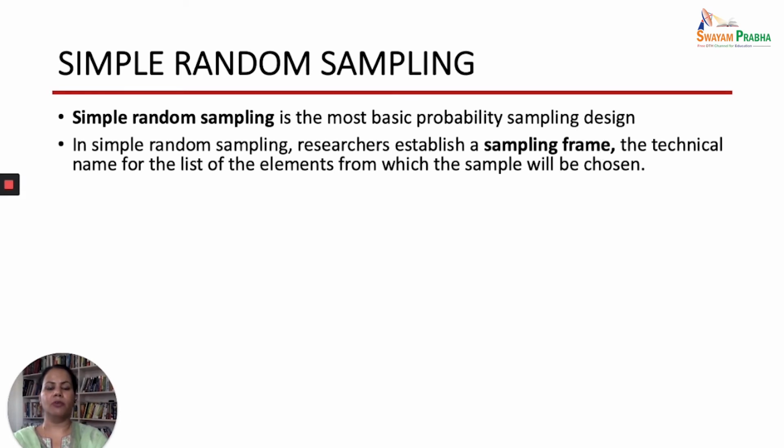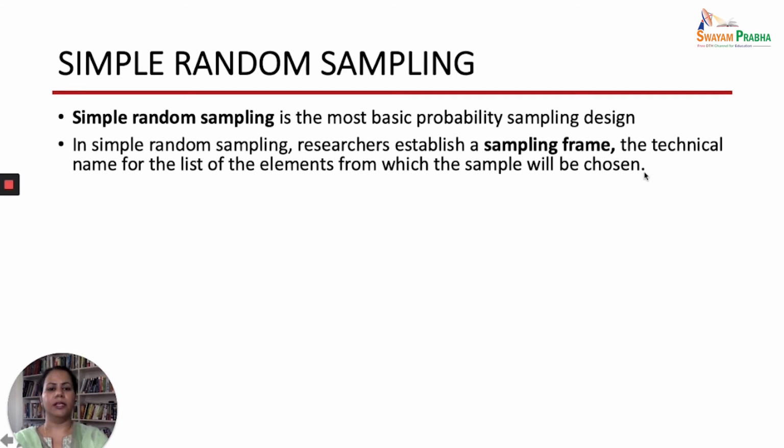For example, if you are conducting a study on bachelor nursing students studying in colleges, then you should have the list of all the nursing students studying in the college. That will be your sampling frame.